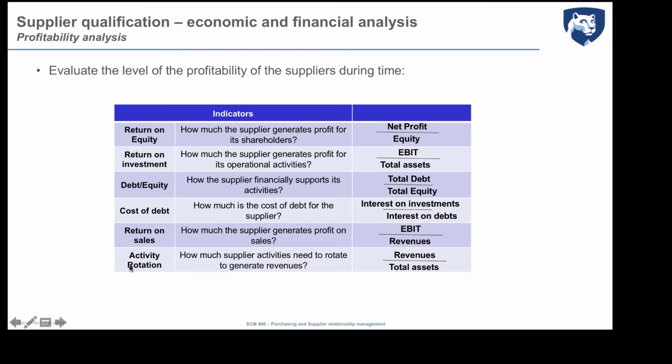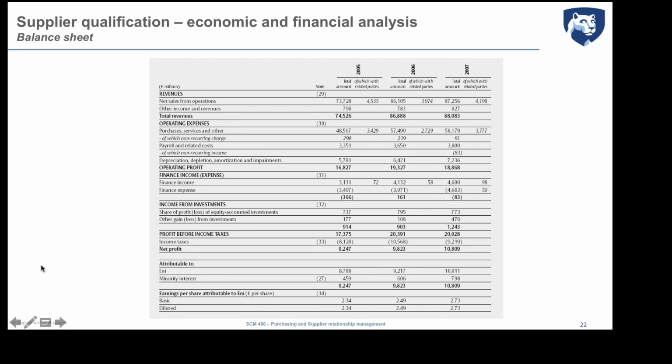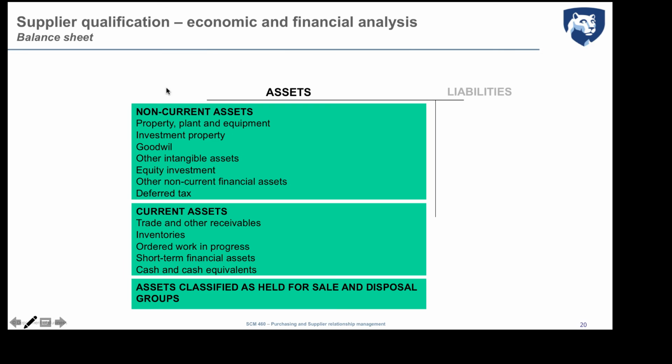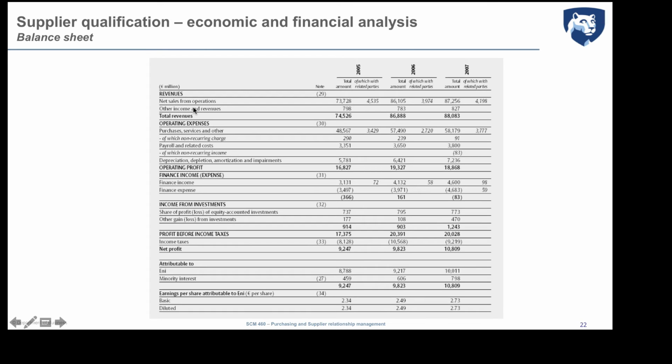Finally, you have activity rotation. Activity rotation is evaluating how much supplier activities need to rotate to generate revenue, which is the ratio between revenues and total assets. So again, you take the revenues, you take the total assets, making the ratio between the two, you understand how many times the assets need to be used in order to generate this amount of revenues.